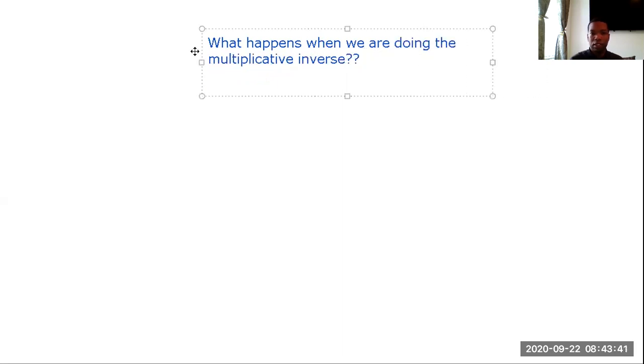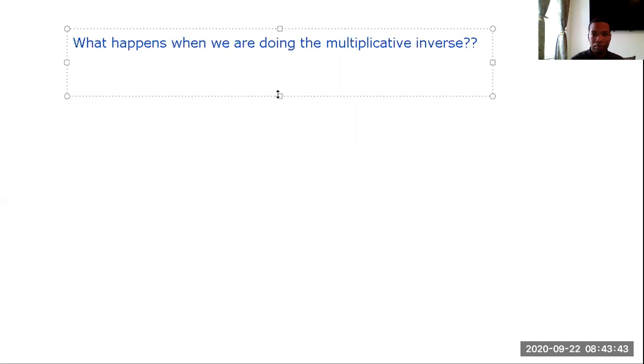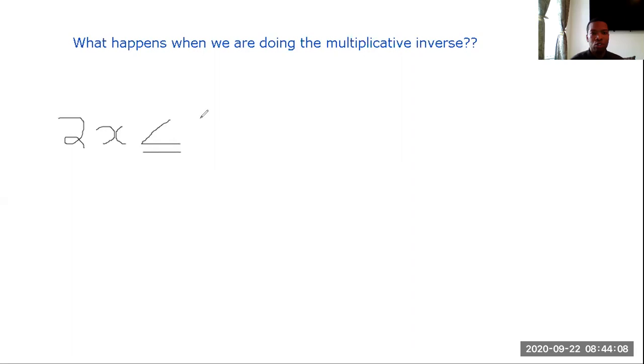There it is. All right. So when we're talking about the multiplicative inverse, we're talking about a question like 2x is less than or equal to 4.